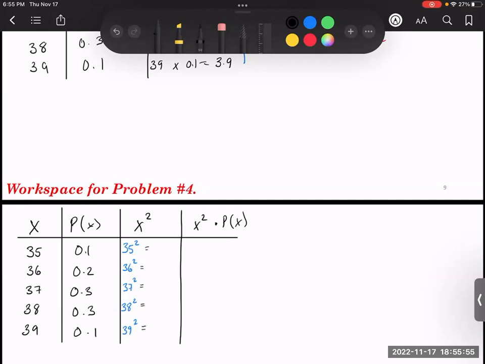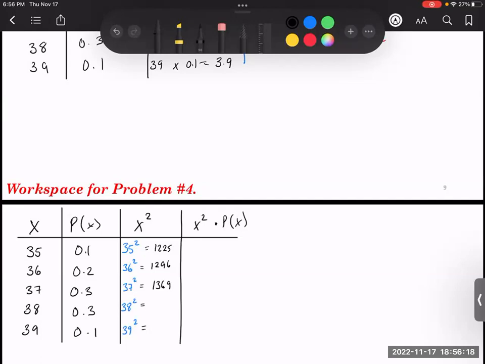Okay, so what's 35 squared? That's right, you get 1225. 36 squared? You get 1296. 37 squared? 1369, thank you.